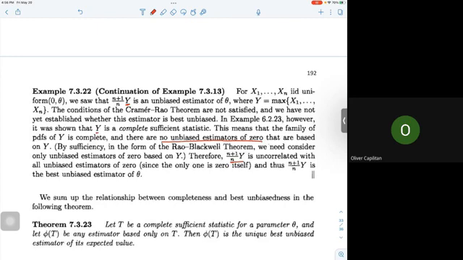Alam natin na ito, yung PDF nito, yung uniform, cannot be expressed in an exponential family. So ginamit natin yung definition for the completeness of the family of distributions.